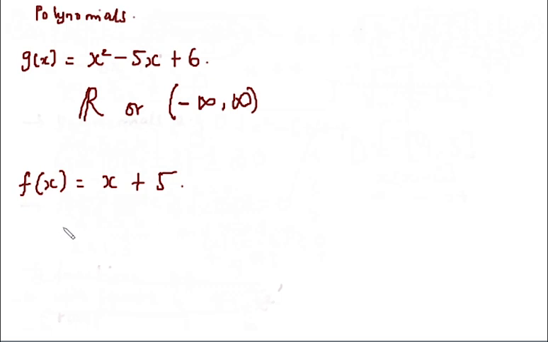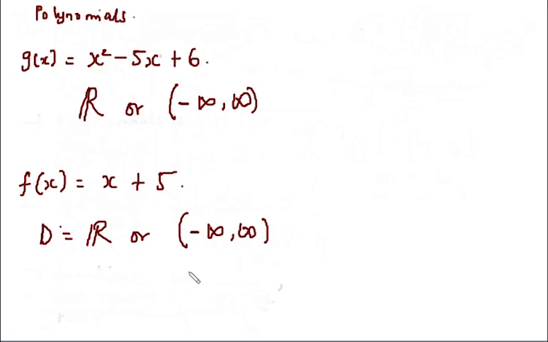So the domain can be said to be equal to all real numbers or all numbers from negative infinity to positive infinity. So anytime you have a polynomial and you are looking for the domain, it is often all real numbers or this.